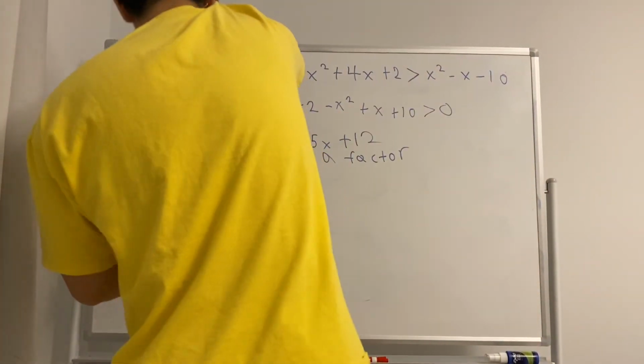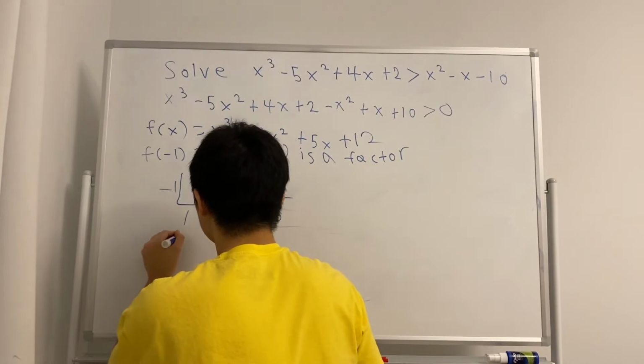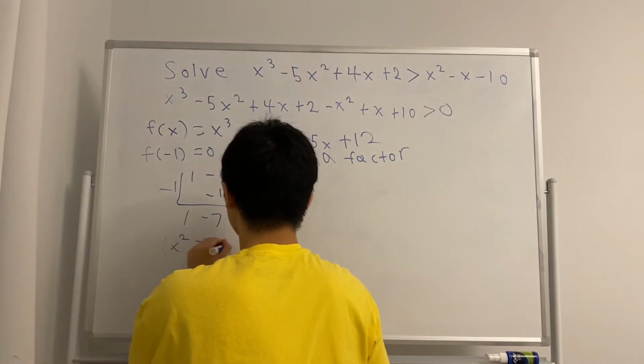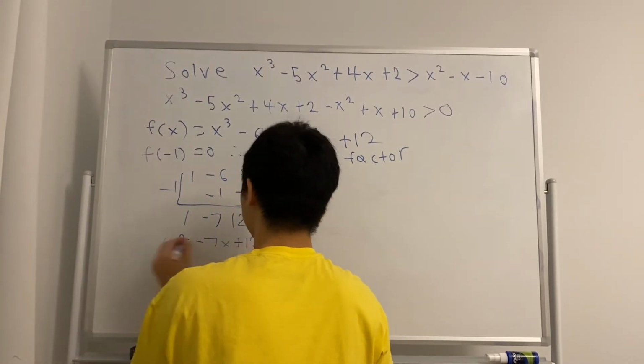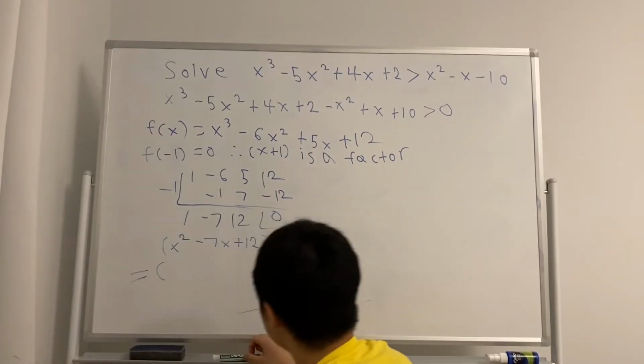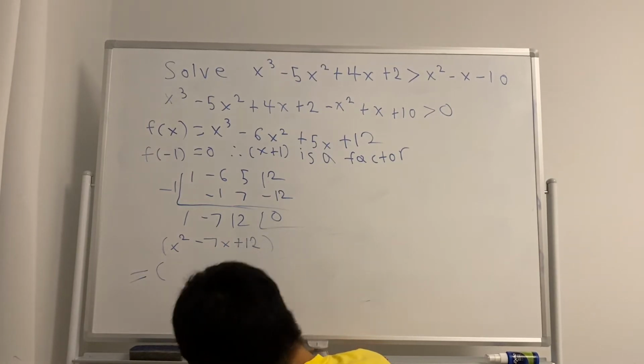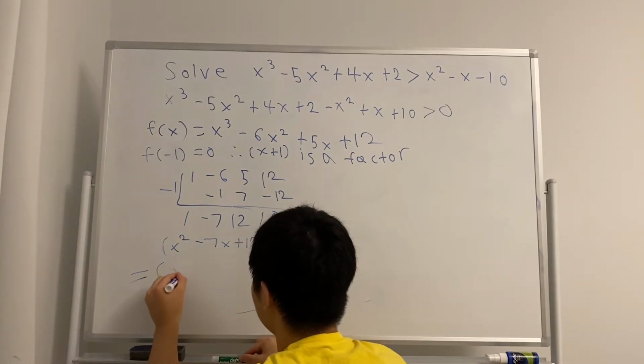So now we have x squared minus 7x plus 12, and that's equal to, I'm just going to factor this now. -4 and -3.